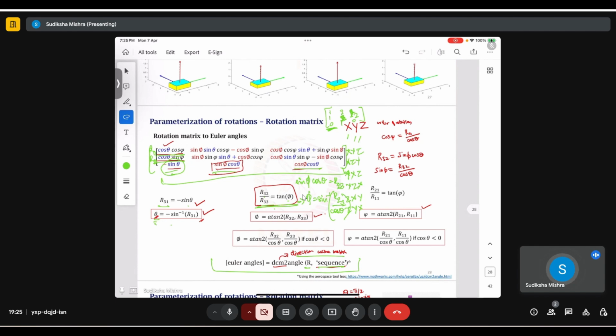Okay, so you know the value, you can compute theta as sine inverse of this particular value.